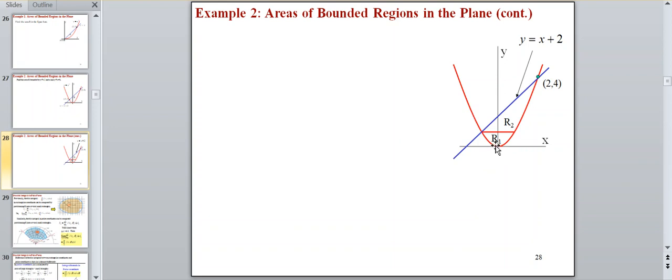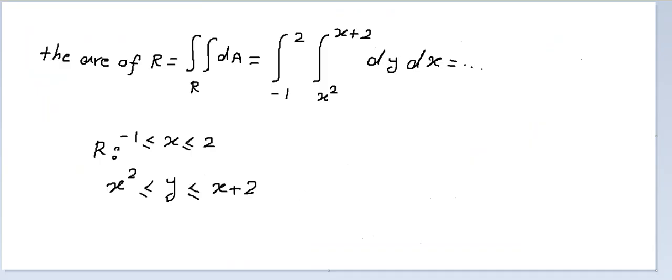But if you divide the region R into R1 and R2, then you have to switch the order of integration to dx dy, and then you have to find the areas of R1 and R2 separately. Then the sum of the areas of R1 and R2 becomes the area of R. But that is more complicated. So this will be the easiest solution. Please go ahead and find the answer.